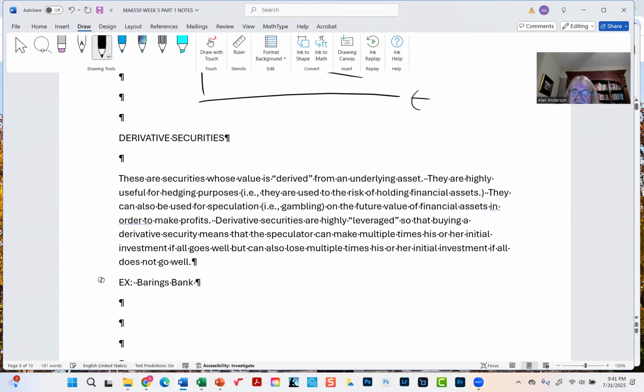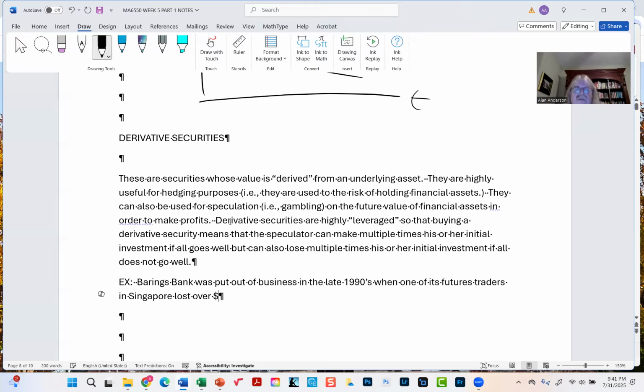Barings Bank, which no longer exists, was put out of business, and this is in the late 90s, when one of its futures traders in Singapore lost over $1 billion, speculating on the Nikkei 225, which is the Japanese stock market. It's not easy to lose $1 billion, but it took him like 3 or 4 months to do this.